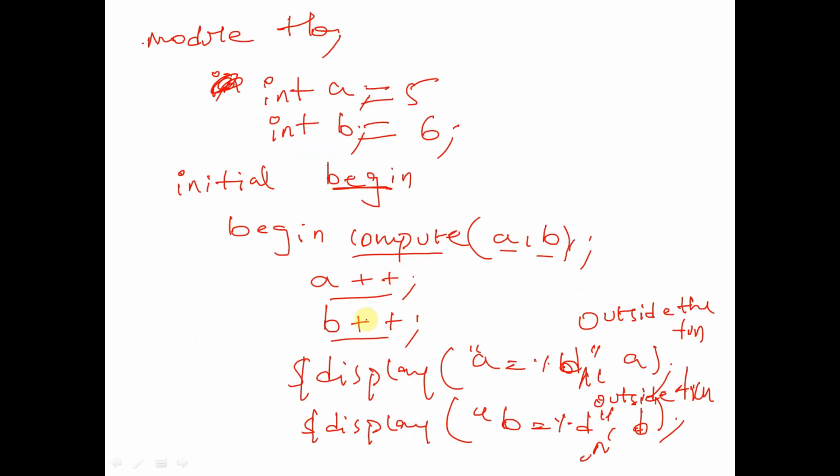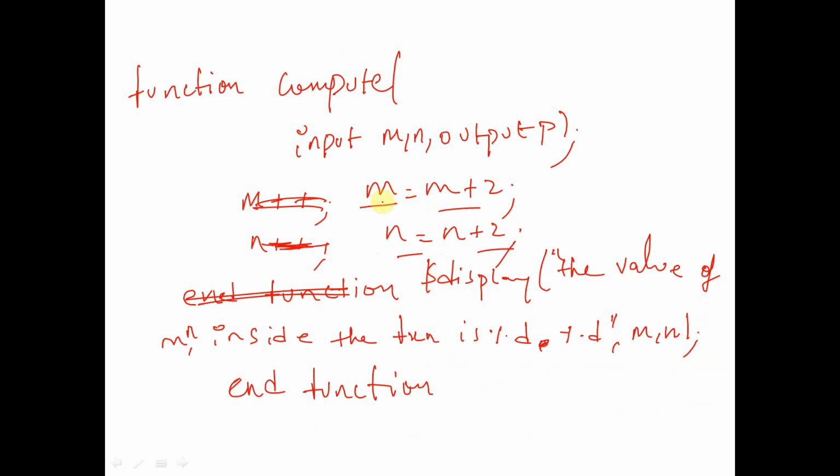I am deleting this step. So no need of incrementing a plus plus or b plus plus. Just I am displaying the values of a and b. So when we see the display statement, there will be no change in the values of a and b when we are changing the values inside the function.